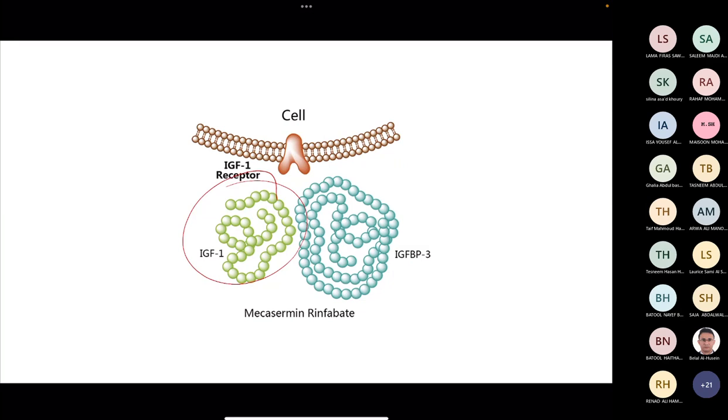Okay, sometimes they are highly lipophilic. That's why they require carrier proteins.